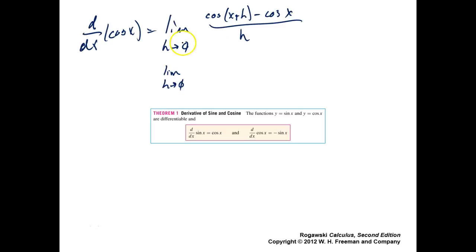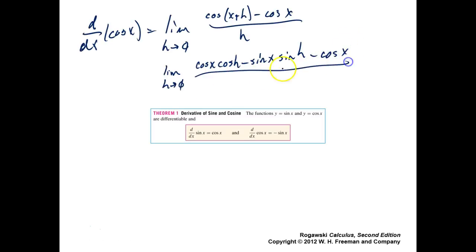Go back to the front, huh? Yeah. Cosine x cosine h, minus sine x sine h, over, and you still got minus cosine x all over h. Okay.